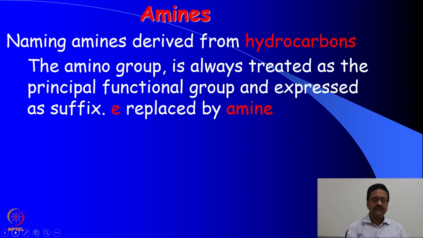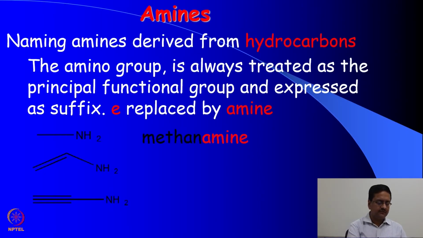So, here this E is replaced by amine. For example, what are the names of these 3 compounds? The first compound is coming from a single carbon compound, methane. So, instead of writing methane-e-amine, we drop that particular E and write methanamine.